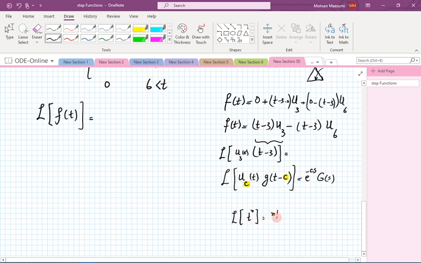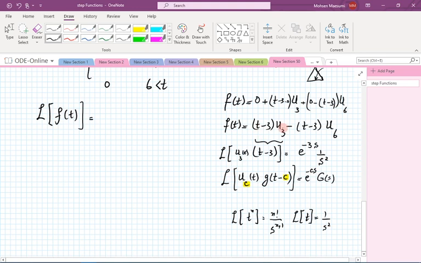It was n factorial over s to the power of n plus 1, or specifically, Laplace transform of t is 1 factorial over s squared. So for t, the Laplace transform is 1 over s squared. For this switch and delay, a factor of exponential of minus whatever this switch and delay is, 3s, times 1 over s squared. That will do the problem.